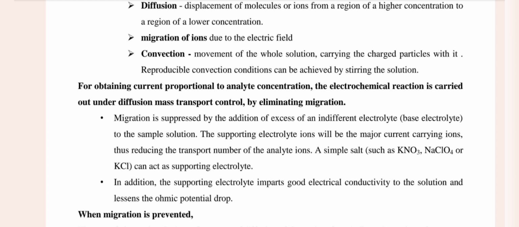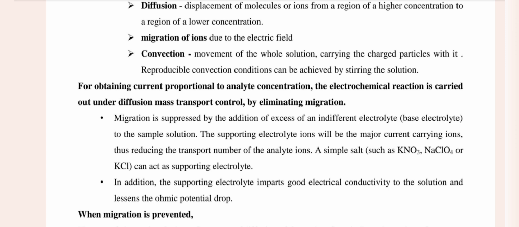Then the supporting electrolyte ions will be the major current carrying ions, thus reducing the transport number of analyte ions. For example, potassium nitrate, sodium chloride or KCl can act as supporting electrolyte.